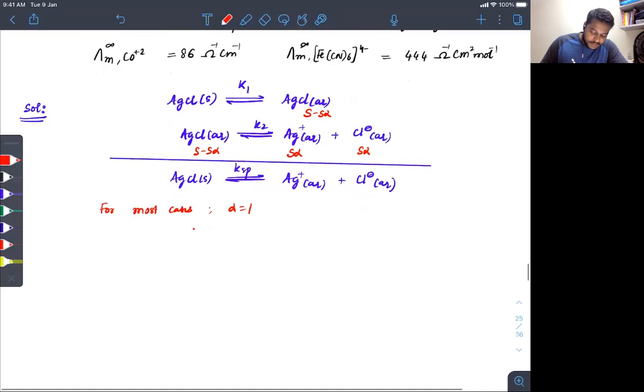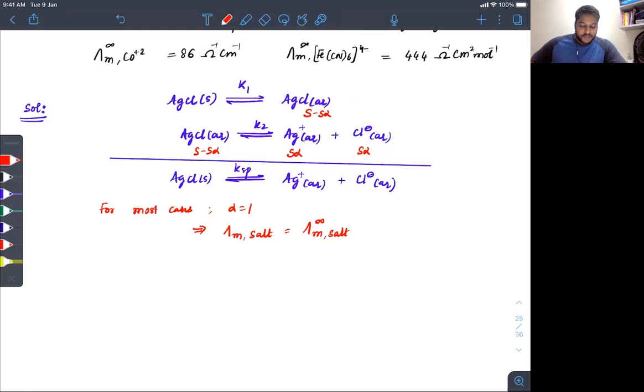So can I say that lambda m of salt here for sparingly soluble salt will be equal to lambda m infinity of the salt, because whatever the aqueous form is, जो solid form है उसका कोई मतलब ही नहीं हमको, that is not going to give any conductivity. But whatever that got dissolved in the aqueous form, everything is undergoing 100% dissociation.